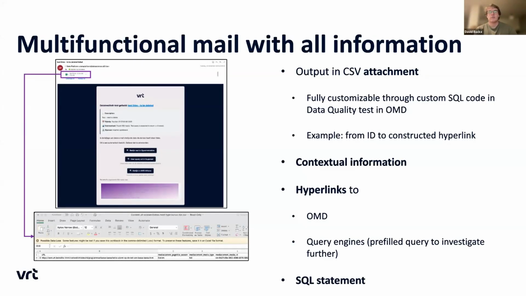Link back to the test in OpenMetadata, if maybe you're a business user where you want to have a better look at the test, but also links to the query engines. Maybe if you're a bit more analytical, you want to do some further investigation, that's also possible. And the SQL code is also added in the email for some more observability.